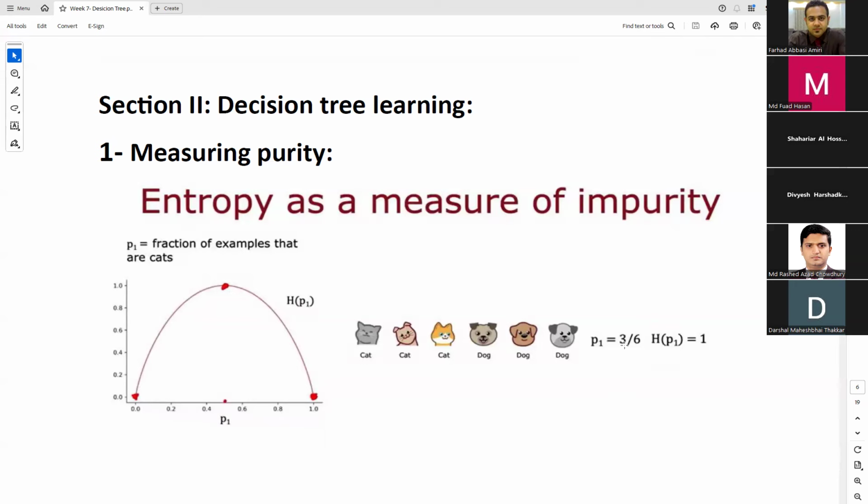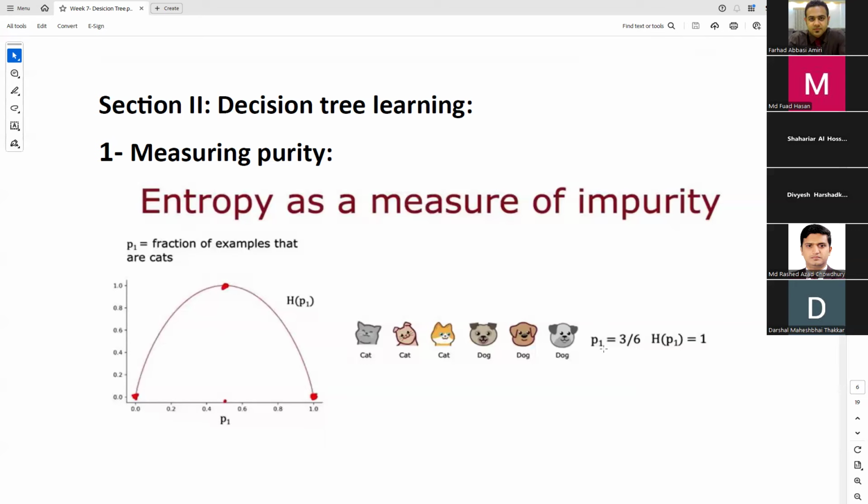For example, 3/6 is 1/2, 0.5. If you look at this parabolic figure, you see that 0.5 for P1 is here, which corresponds to this point where the entropy is 1.